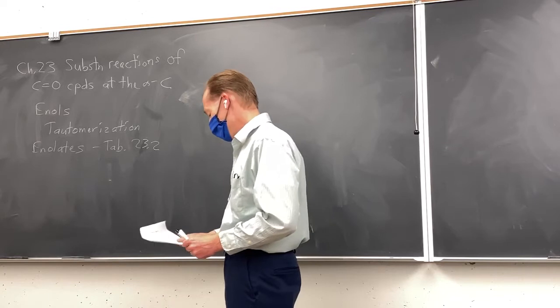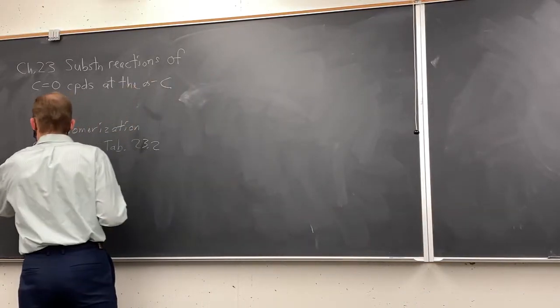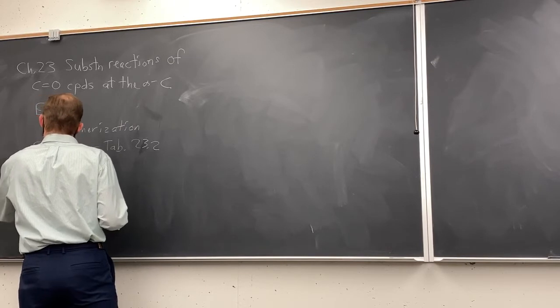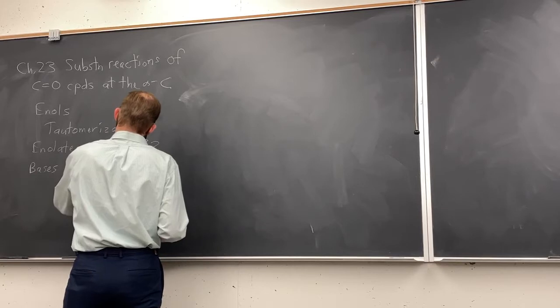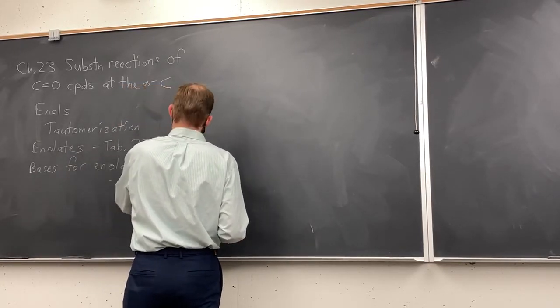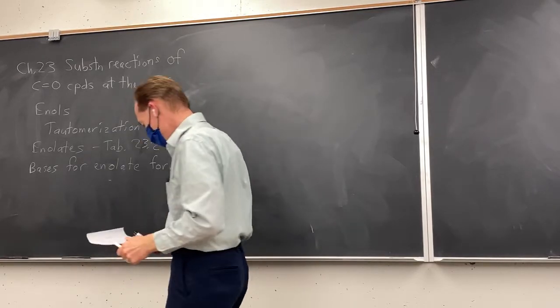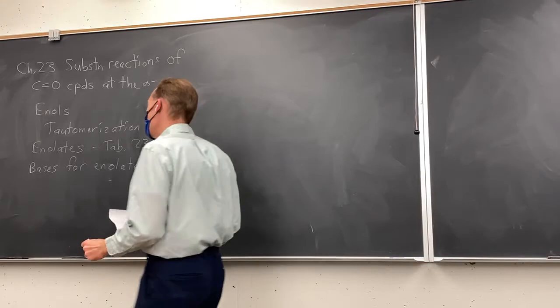Okay, so enolates are formed by deprotonation of a carbonyl compound. So we talked about the bases that are used to form enolates. And there were really two categories of those bases.